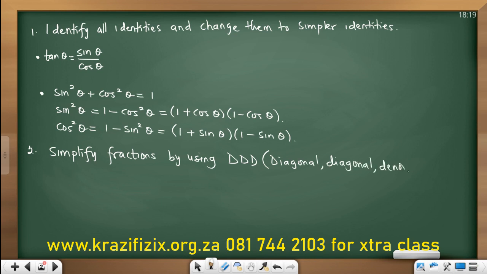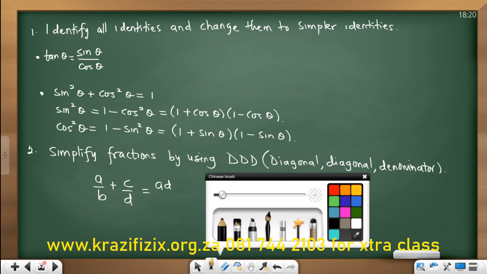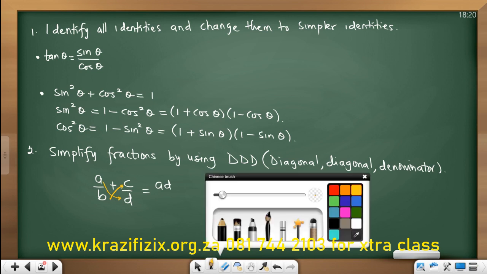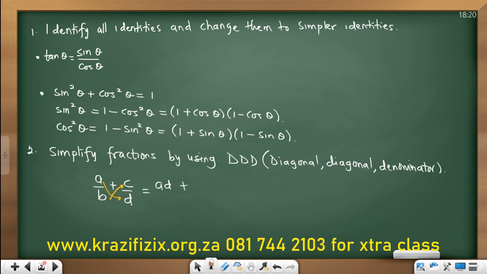Diagonal and denominator. So A over B plus C over D. The first thing is we multiply the first diagonal, A times D. I hope you've seen my first diagonal there. Multiply that. Second one, multiply that, but there's a plus in between.